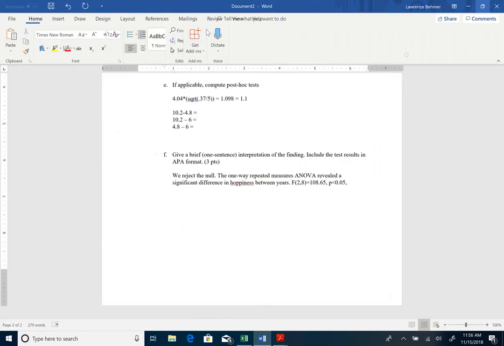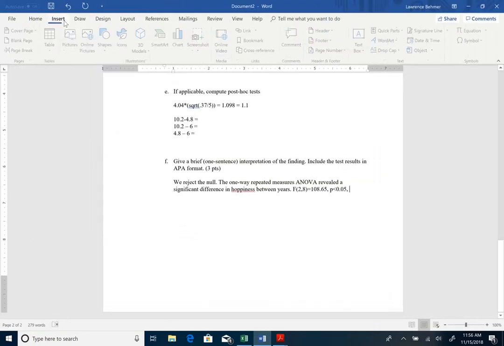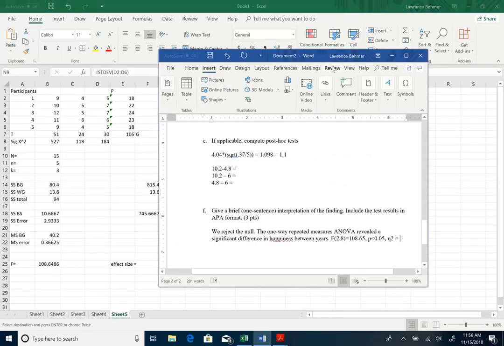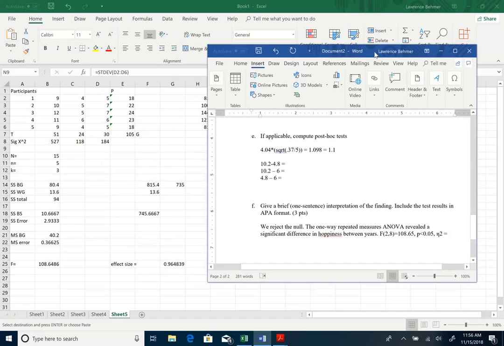And let me get our eta square equals, what did we figure that effect size was? 0.96. Okay, and remember that if you're typing this out, you want to italicize the P and you want to italicize the F. That's the APA way of doing things.